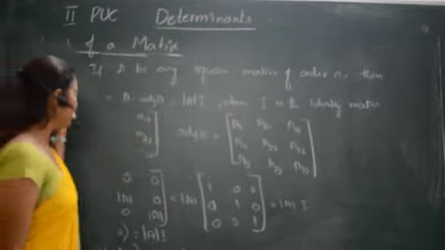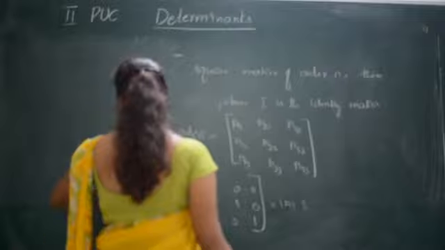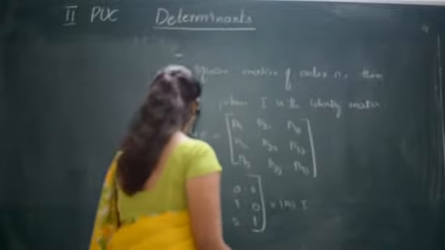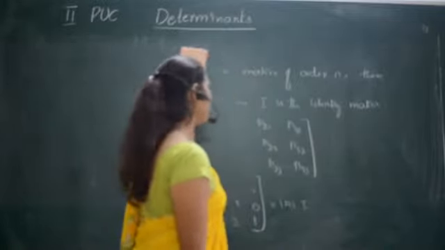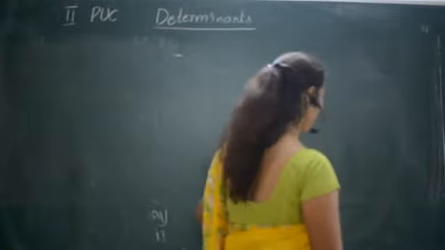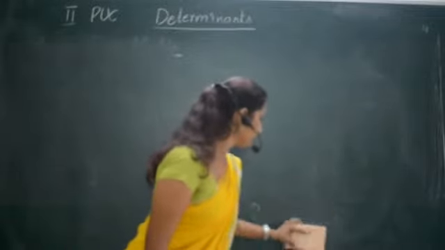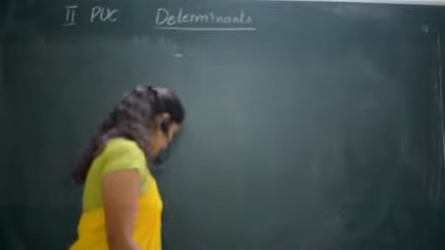The next one: we have already studied some types of matrices, such as the identity matrix, square matrix, and also symmetric and skew symmetric matrices. There are other types of matrices, defined for square matrices.